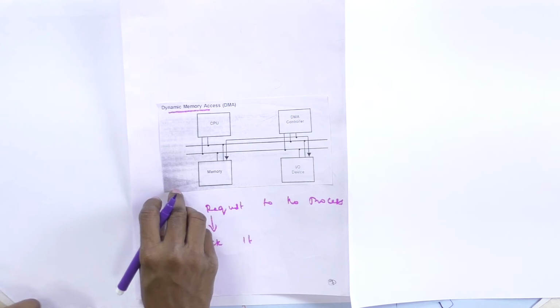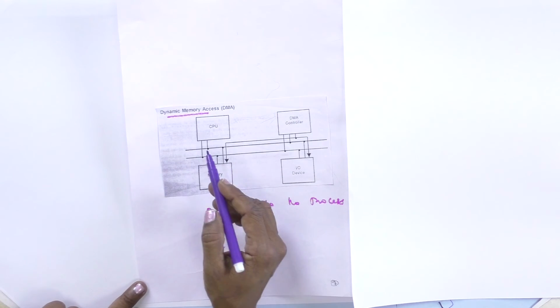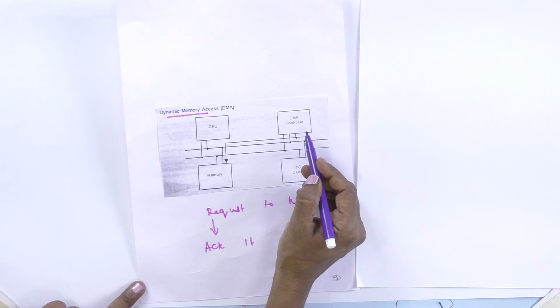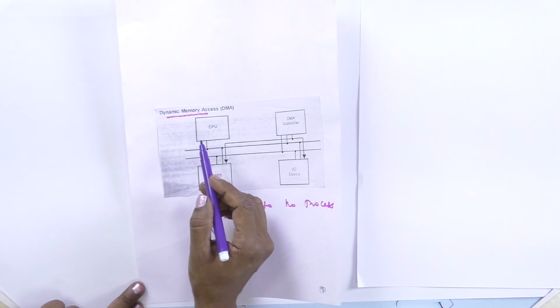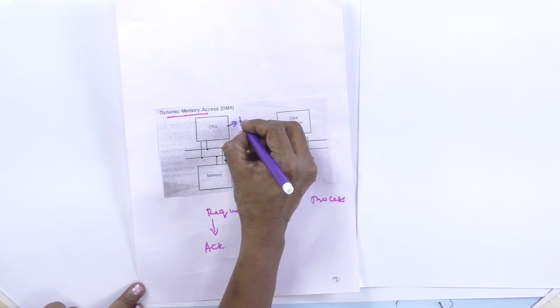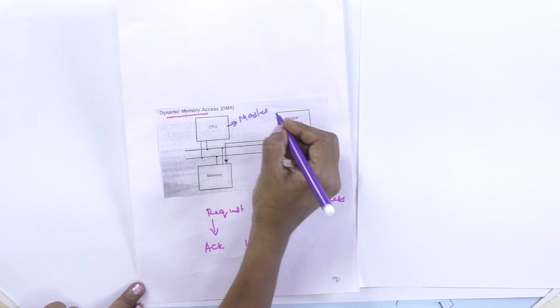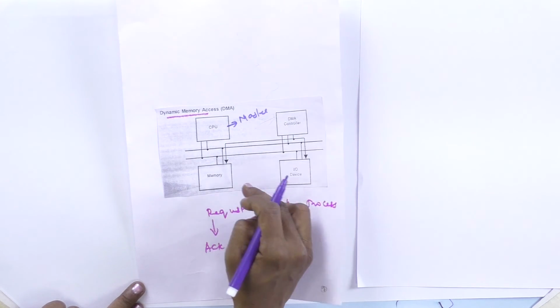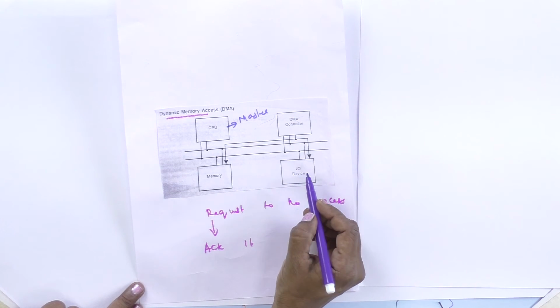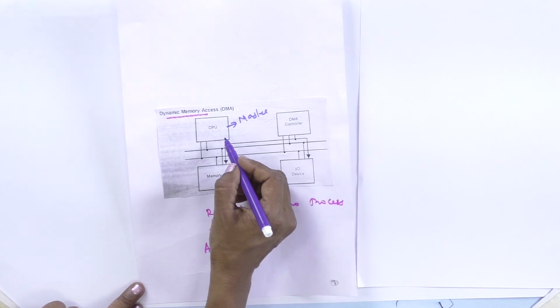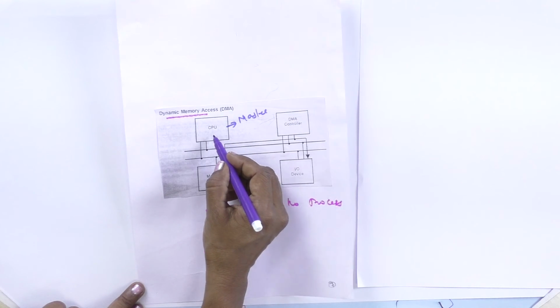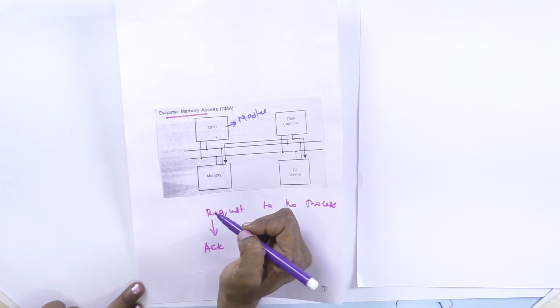When direct memory access comes into the picture, we have the CPU, the memory, the DMA controller and the IO device. The CPU will be the master and all the devices work as slaves. Whenever the IO device wants to communicate with the processor, every time it has to make a request, and the request has to be granted by the processor.